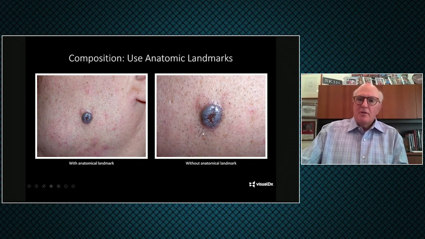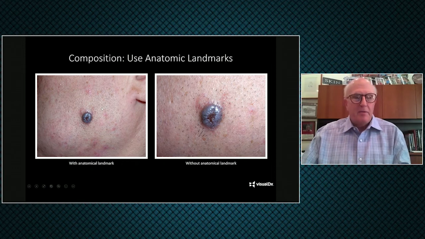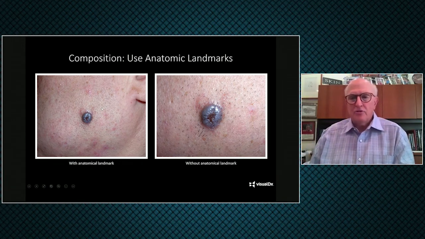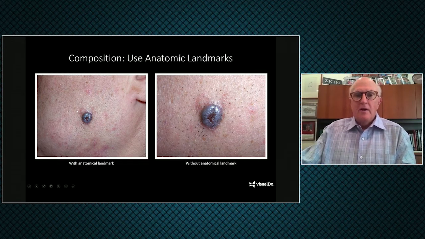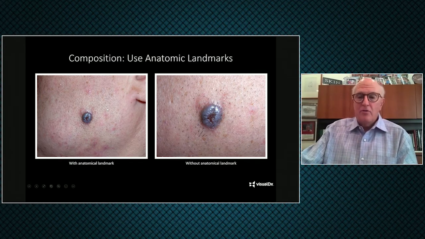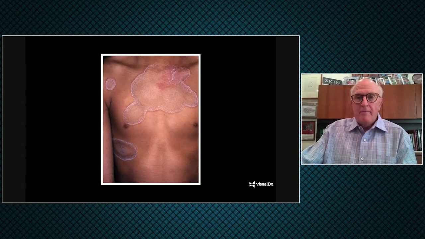We can see the same lesion here in a close-up, but you can also see where his earlobe is. You can then get the idea of where this is in relationship, because patients forget. It may be a month before they get in to the dermatologic surgeon, and they don't have a clue as to where that biopsy was that needs to be treated. And you don't want to have wrong site surgery.